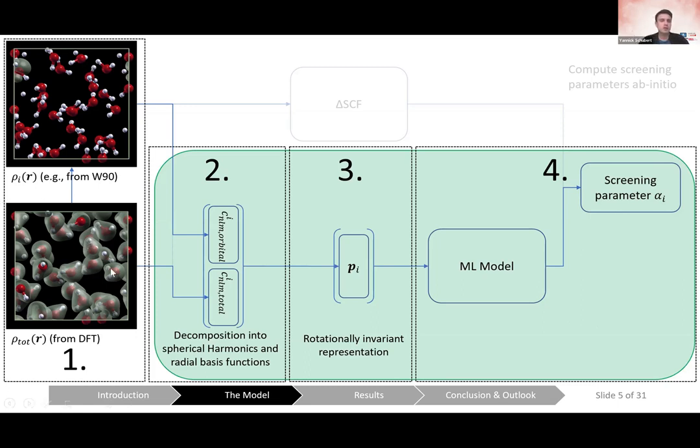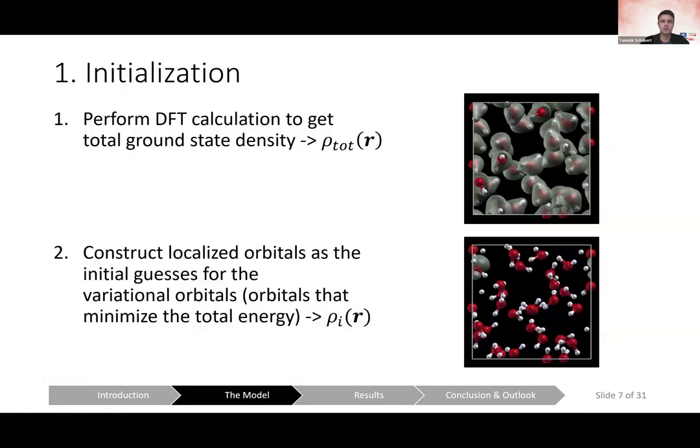As you can see, the first step is identical to the first step in the standard Koopmans workflow, so you have to perform it in both cases. It starts with a standard DFT calculation to get the ground state density of the system.